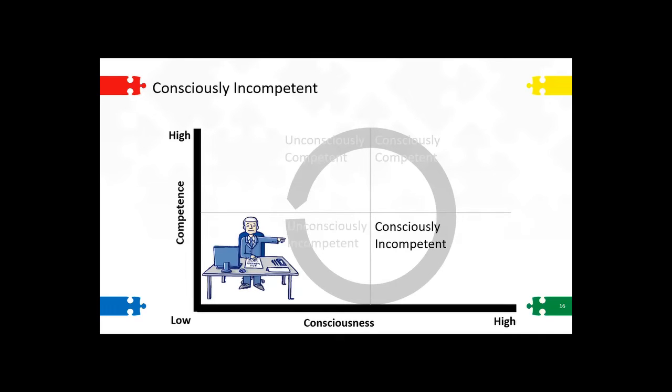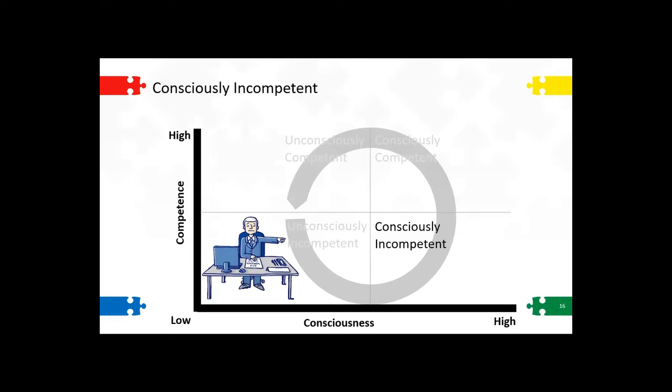If we go to the next stage on the journey, where it's low competence, high consciousness. So this is where you've now got some experience and you actually realise the extent of the learning journey that's ahead of you.